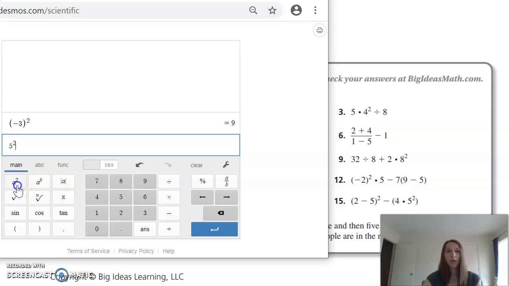So 5 squared is 25. 25 times 4, 100. Okay. So now we have 9 minus 100. Negative 91.